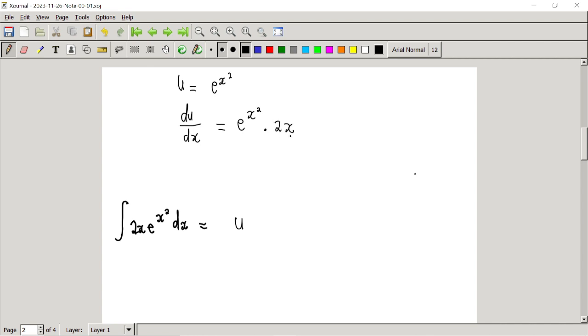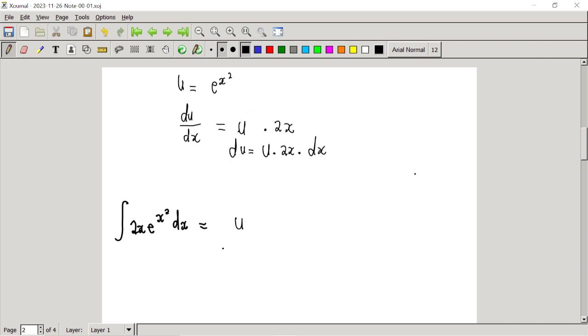But I see that I've seen this 2x somewhere else, and this e to the power of x squared is u. So in the place of this, I can just write u. This implies that du is equivalent to u multiplied by 2x times dx.